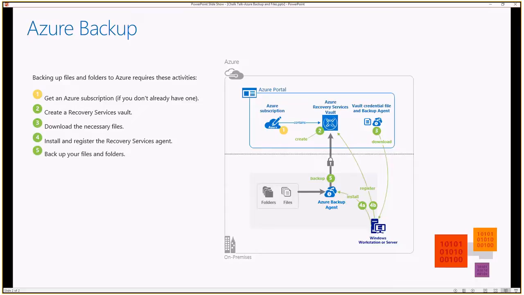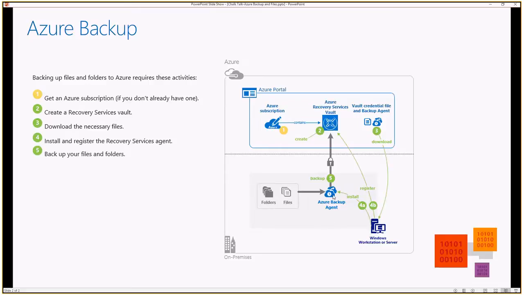There's one for Server 2012 that you can download, and there's a 64-bit and I do believe a 32-bit version of the client that are out there. So you're going to need to install that, and once you install that, that's going to need to have access, obviously, to the shares of the files that you're going to want to back up. And I should point out that you can actually do more than just files and shares with this, but that's all we're going to do for this particular walkthrough today.